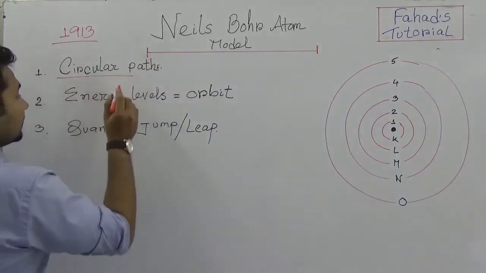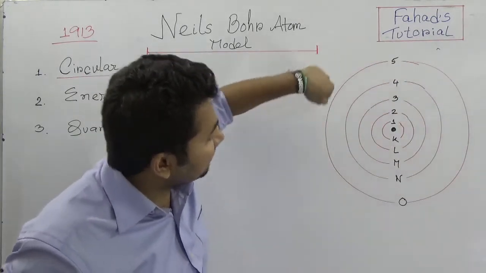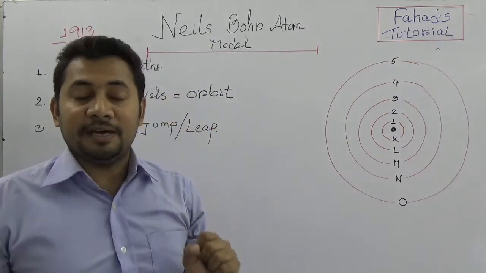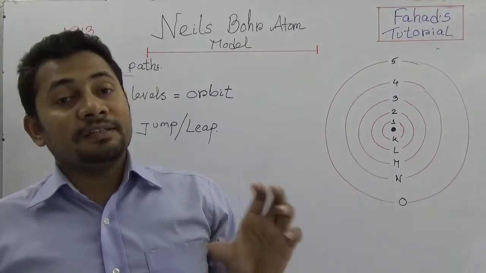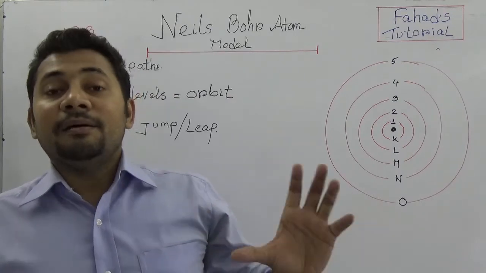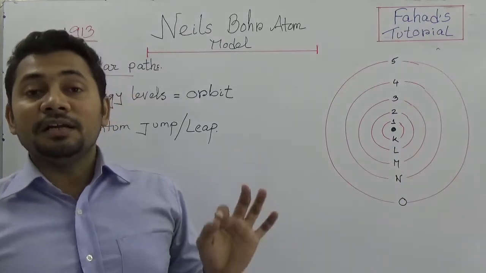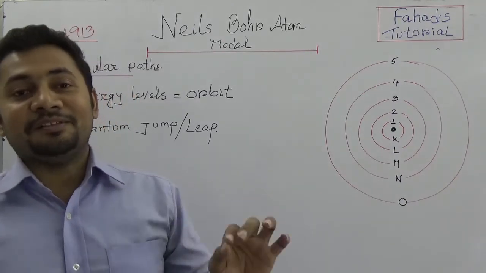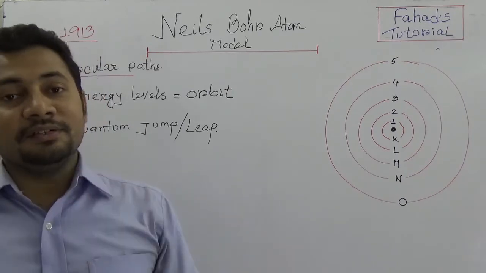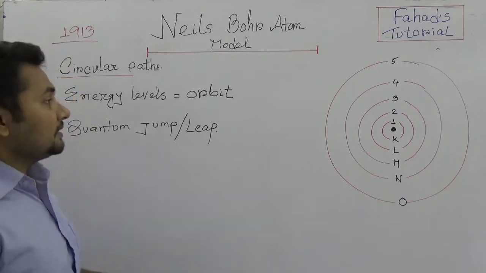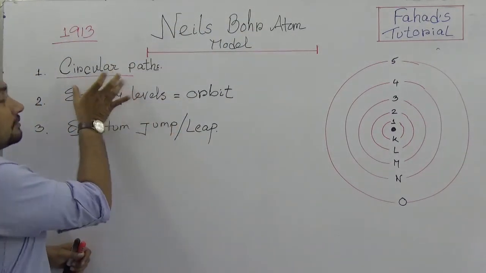From the limitations of Rutherford we came to know that Rutherford didn't give any idea about the size and shape of the pathway of the electron, but Niels Bohr stated that this pathway is circular. So this is the first postulate of Niels Bohr's model, that electrons revolve around the nucleus in a circular path.